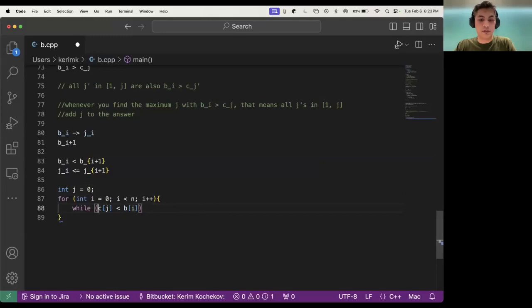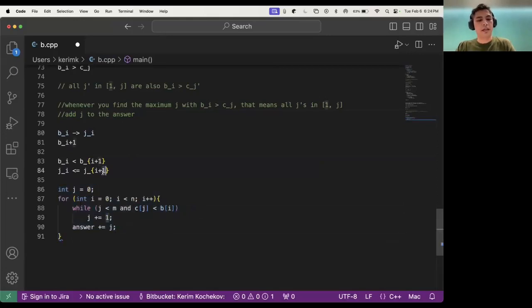But we need to be careful not to go outside of the array. So we just have this condition: J is smaller than M. In that case, we just increase J. And as we said here, add J to the answer. We just have an answer, and we add J to the answer.